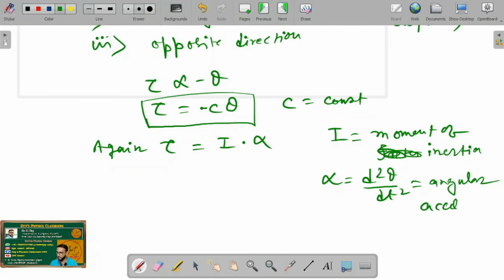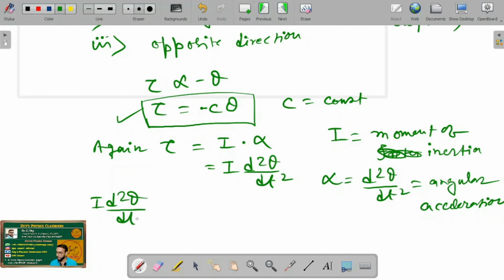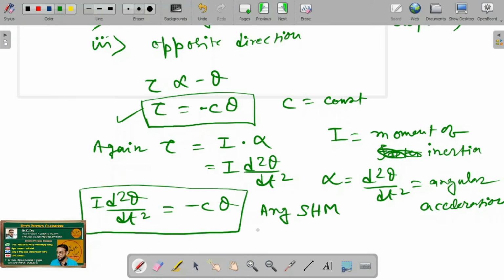It would be I into d2 theta by dt2. Now from this equation we get I into d2 theta by dt2 equals minus c theta. So this is the differential equation of angular simple harmonic motion.